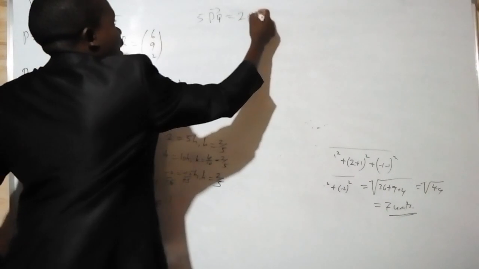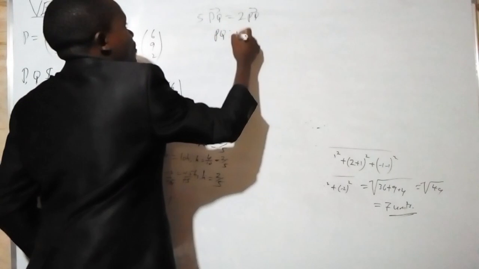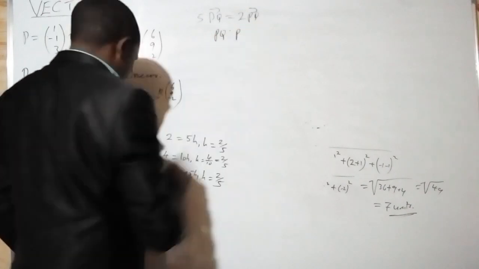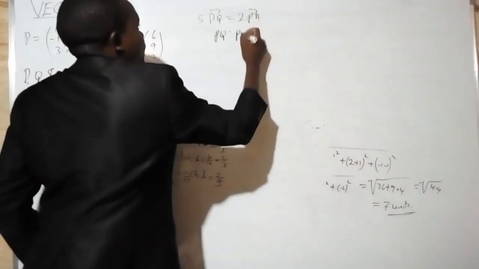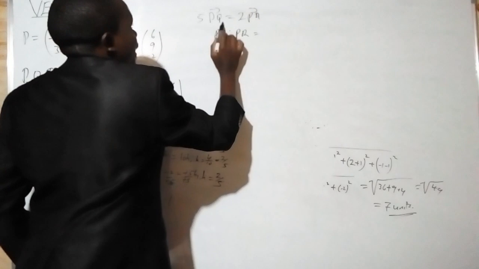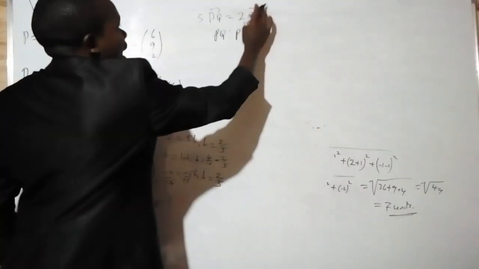In terms of ratio, PQ is to PR equals 2 is to 5, the number on the opposite side.